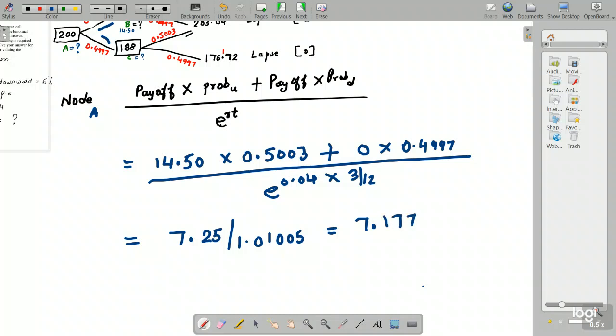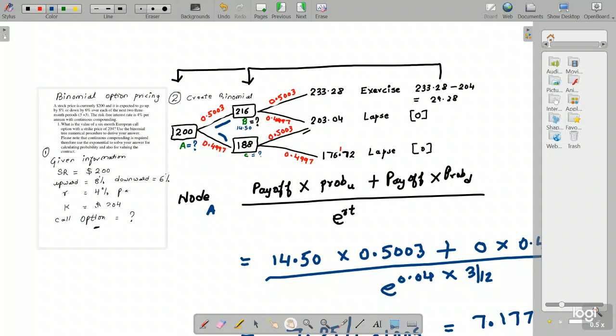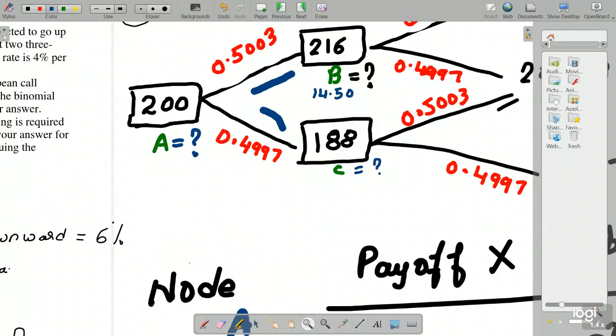This is the answer that you have got. Now what is this answer? This answer is basically the value of A, right? This is the value here, which just now you have calculated.